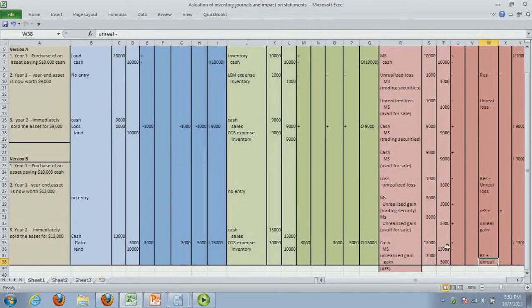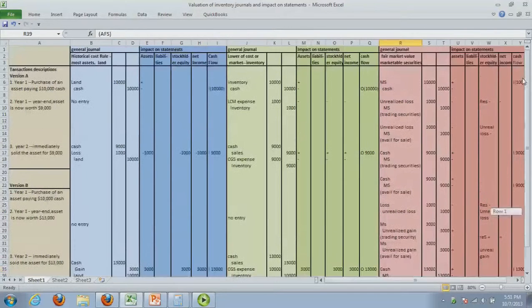For cash flow, again, we know we've already dealt with that, so it's investing. So it's interesting, if you have unrealized gain or loss for available for sale securities, that's under stockholders' equity, and it does not close out, so that when you make the sale of securities, you actually have to close out the unrealized account then.